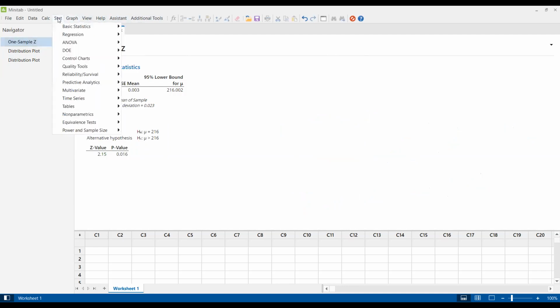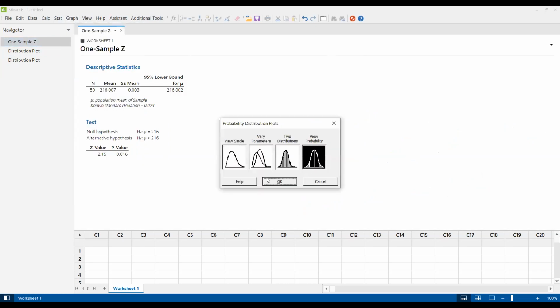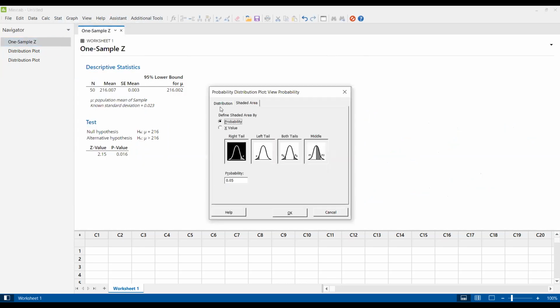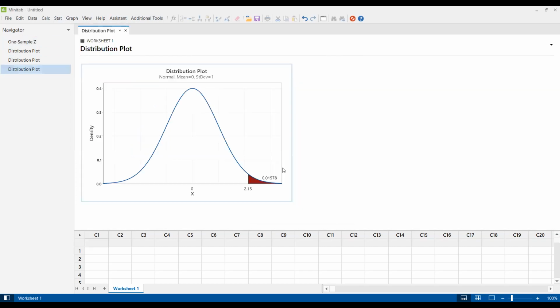In the probability distribution, the X value is 2.15 right here. What is the value coming? Roughly 1.578%, roughly 1.6%. So basically try to understand this concept.